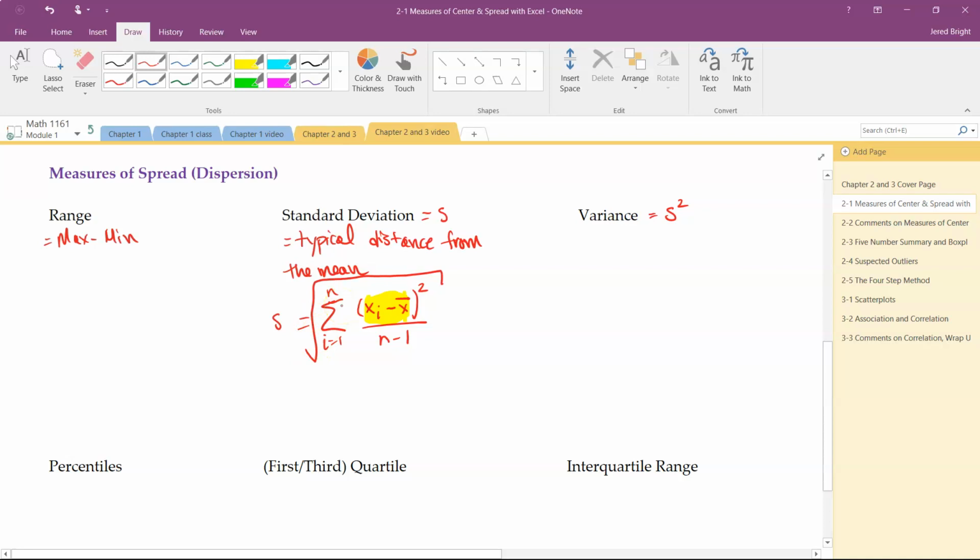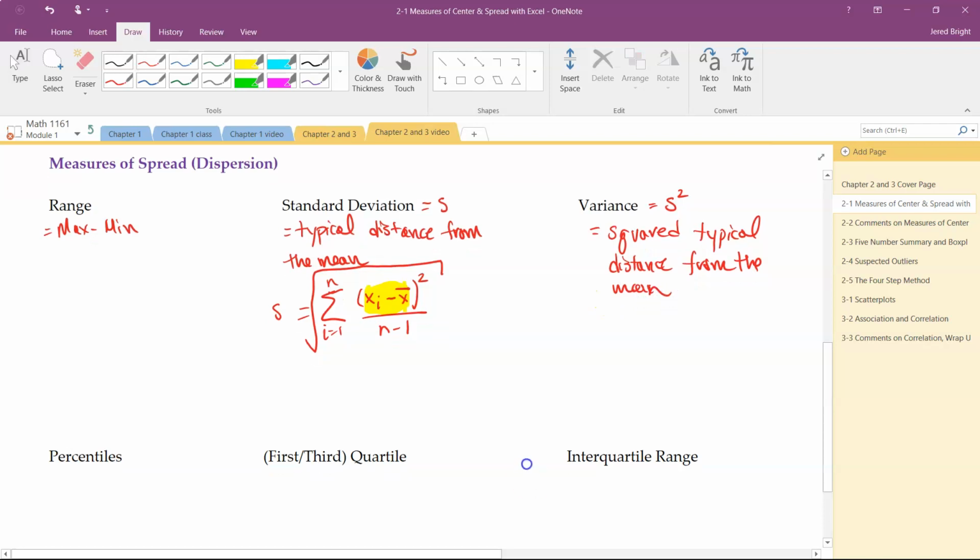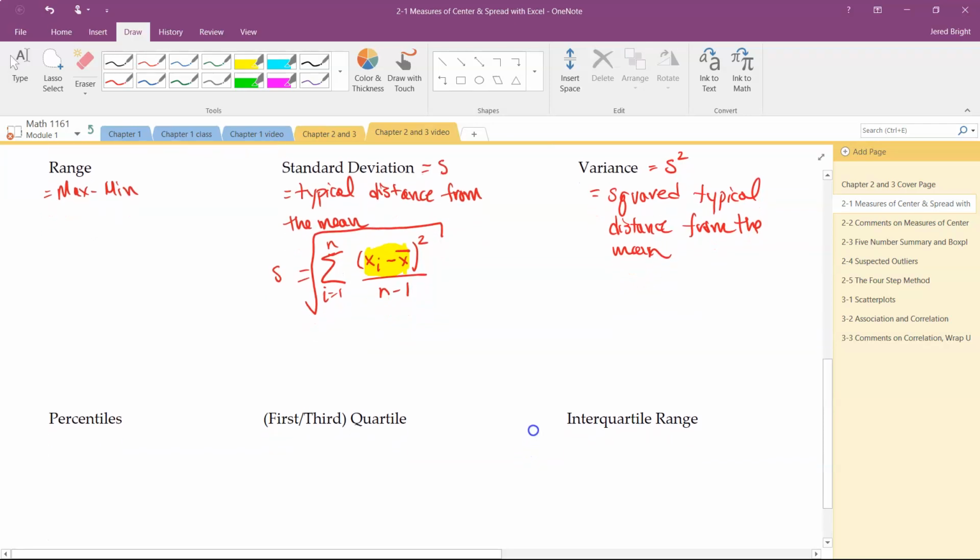So some people just like working square free. That's where we would do the squared typical distance from the mean.